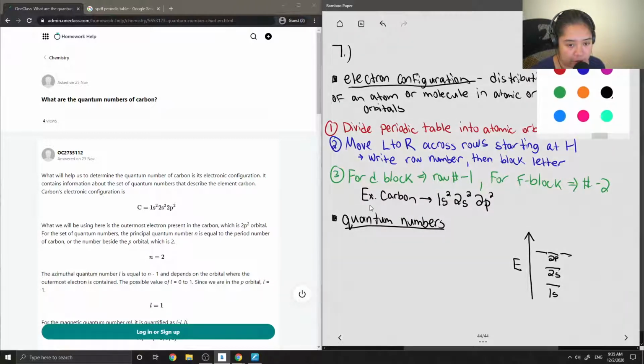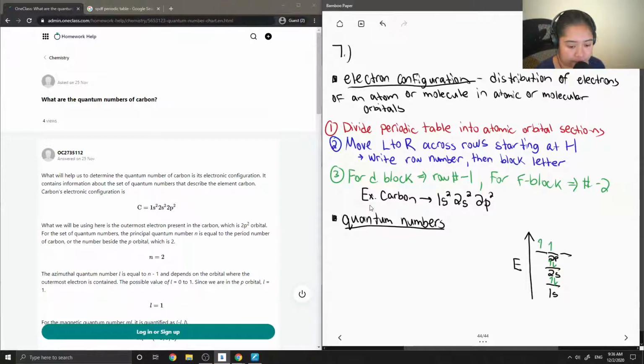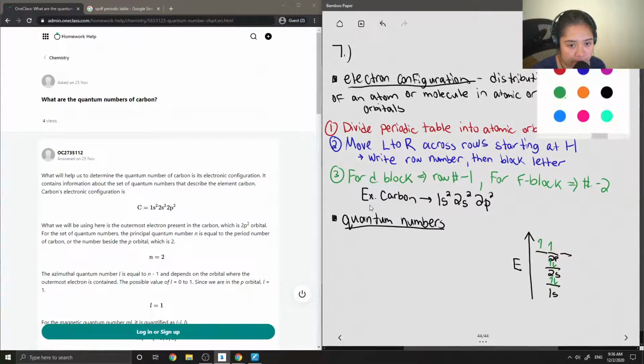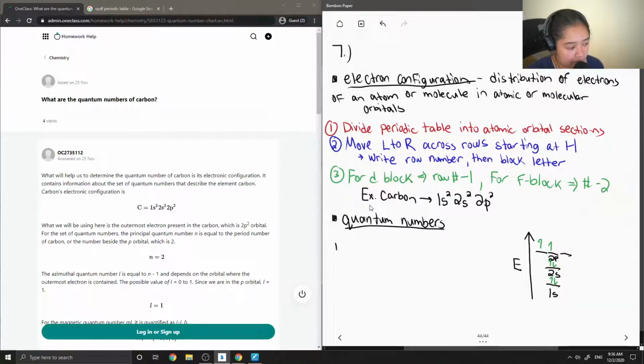If I were to draw out all of the electrons, there are 2 electrons in the 1s orbital, 2 in the 2s orbital, and lastly, 2 in the 2p orbital. Both of them are spinning up. Now to find the quantum numbers, n is equal to 2, and this came from the 2 in 2p.